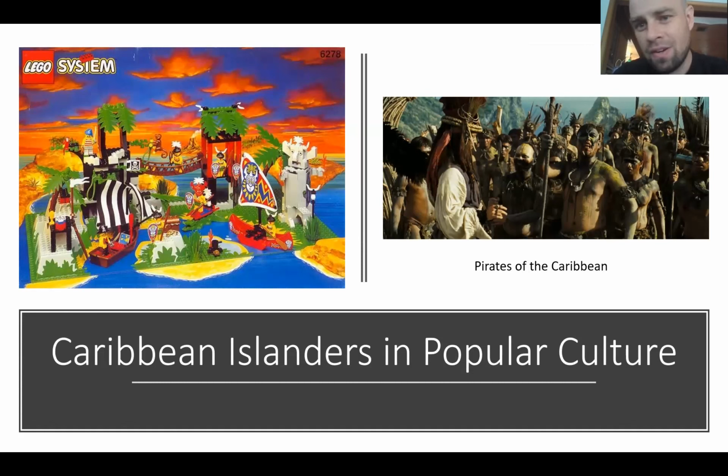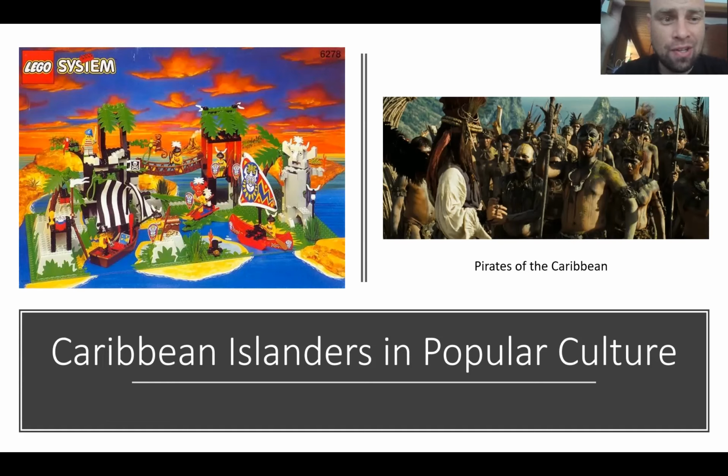There are parts where they're on an island with the cannibals and they're going to eat them and all of that. You know, that's kind of echoed in multiple different ways. It's played with even in science fiction. So if you think about Star Wars and the Ewoks, there's an element of islander cannibalism in there. But this image of Caribbean islanders as cannibals, the Caribs as cannibals, is one.